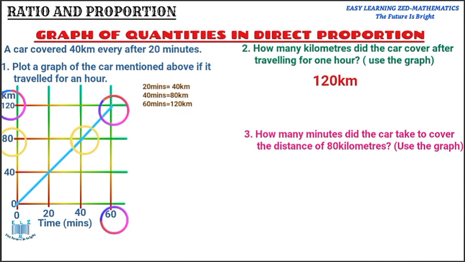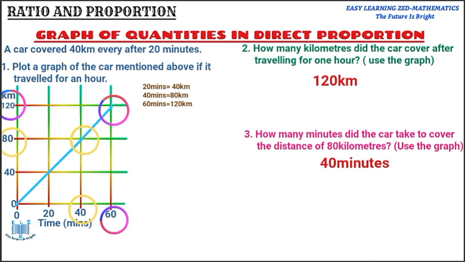So it meets the line there. Once it meets the line there, then which line from the minutes meets the light blue line at the same point as 80 kilometers? You see that it's 40 minutes. So 40 minutes and 80 kilometers meet on the light blue line there. That means the vehicle took 40 minutes to cover 80 kilometers.